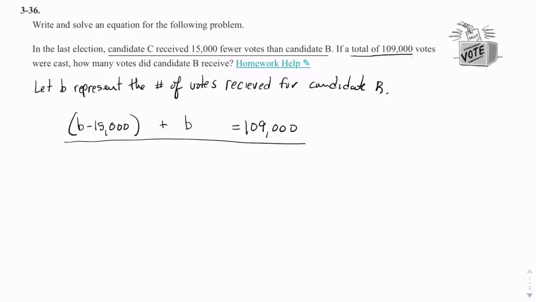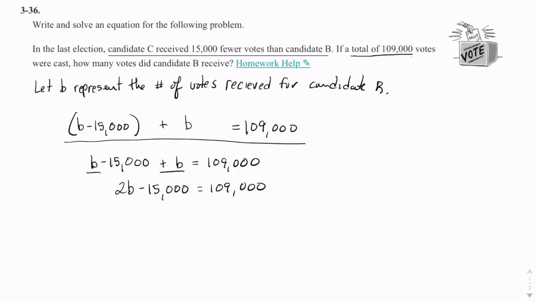Now let's solve, right? So I have B minus 15,000 plus B equals 109,000. B and B is 2B minus 15,000 equals 109,000, right?